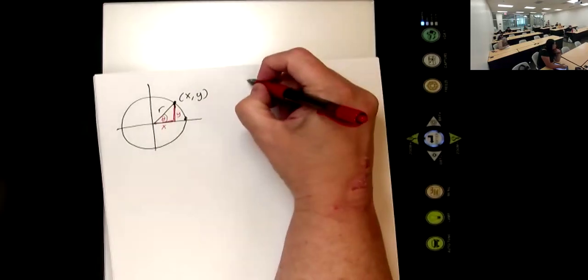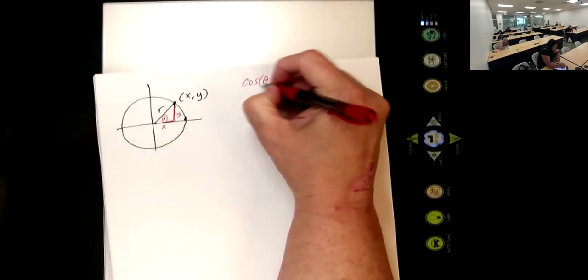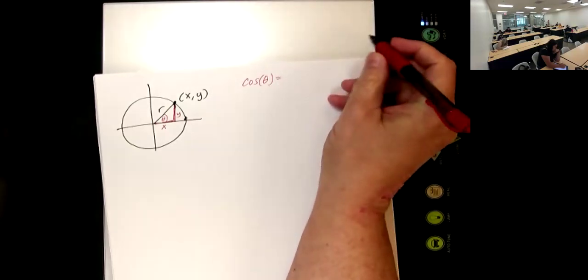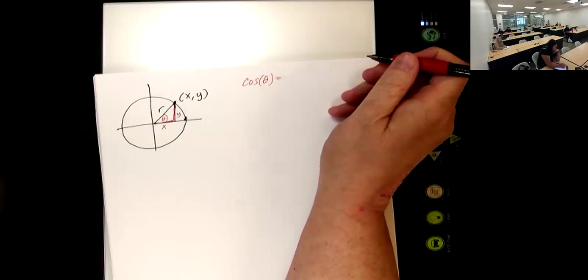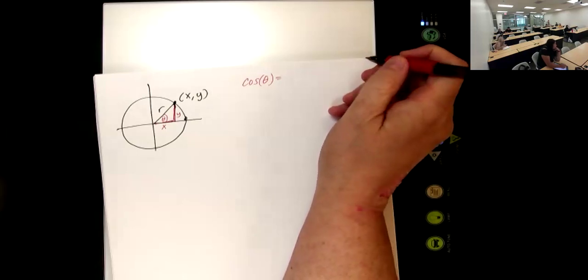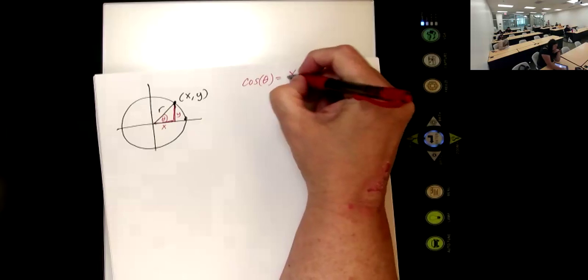So what is cosine theta's value here? With unknown values on the circle, we just gotta use the variables. It's adjacent over hypotenuse, or x over r.